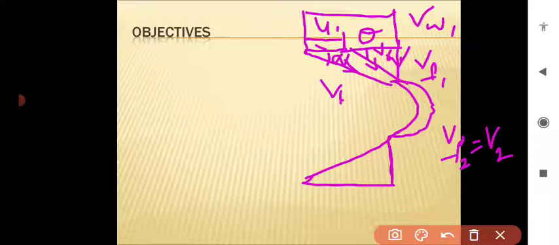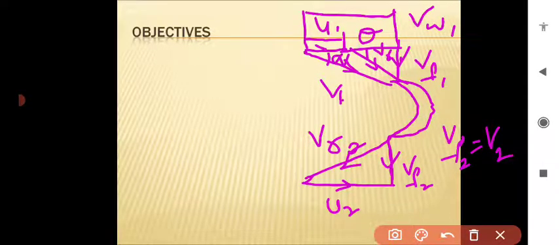This is the velocity of the vane U2, and this is Vf2. This is the relative velocity Vr2, and this angle is phi. So we have to calculate the angle of guide blades of Francis turbine, so we have to calculate alpha.